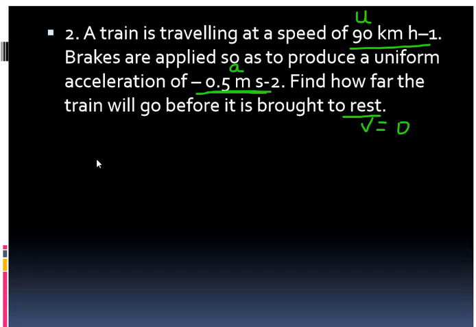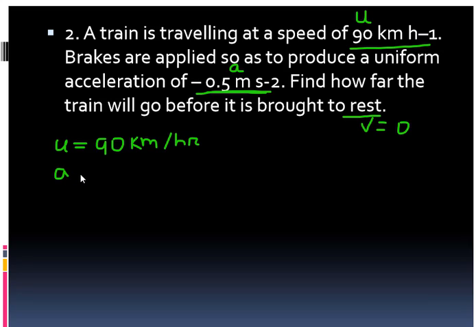So let us write down the given data. Initial velocity u is equal to 90 kilometer per hour.